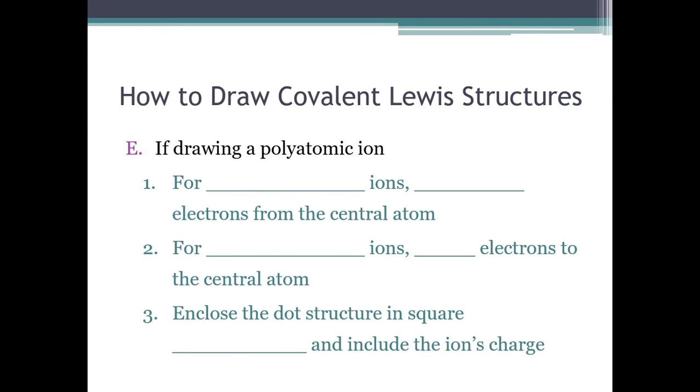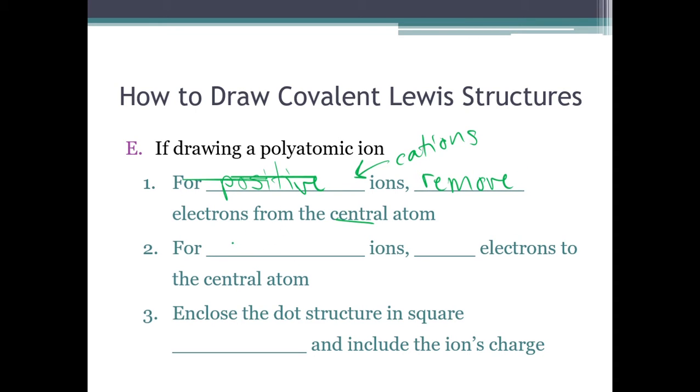If you're drawing a polyatomic ion, if you're drawing something with a different number of electrons than it should have, there's one additional step. For positive ions, remember positive ions, those are cations, you need to remove electrons, and you will do that from the central atom first.